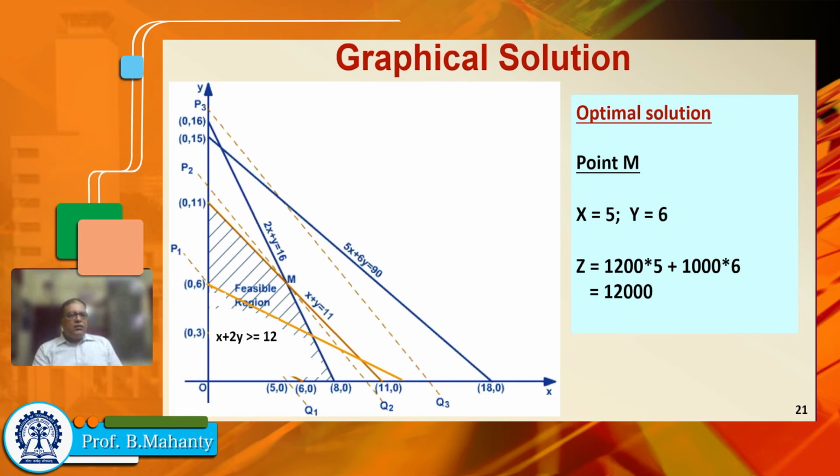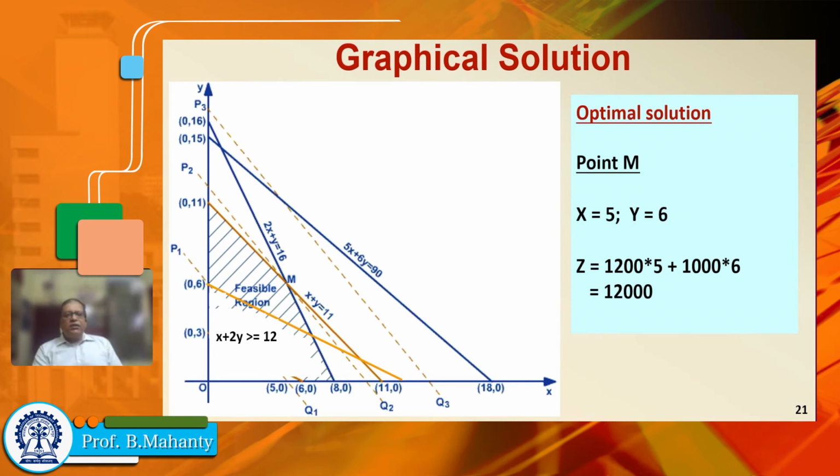All right, so you can see that this is our solution space, and in this case there are certain points. These 1, 2, 3, 4 different points are available, and we can evaluate the maximum value. First of all, point 6.